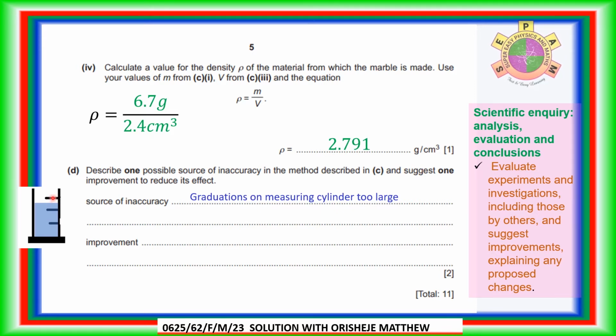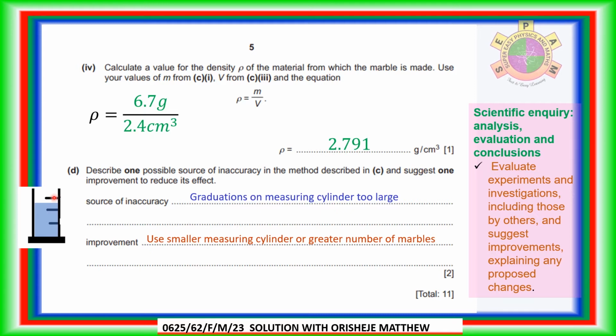So how do you read the value here? Assuming this is 2 and this point is 6, if it is 2 cm cube and this one is 4 cm cube, how do you know exactly the position of this? This can introduce error into your measurement. So what can you do to improve the measurement?